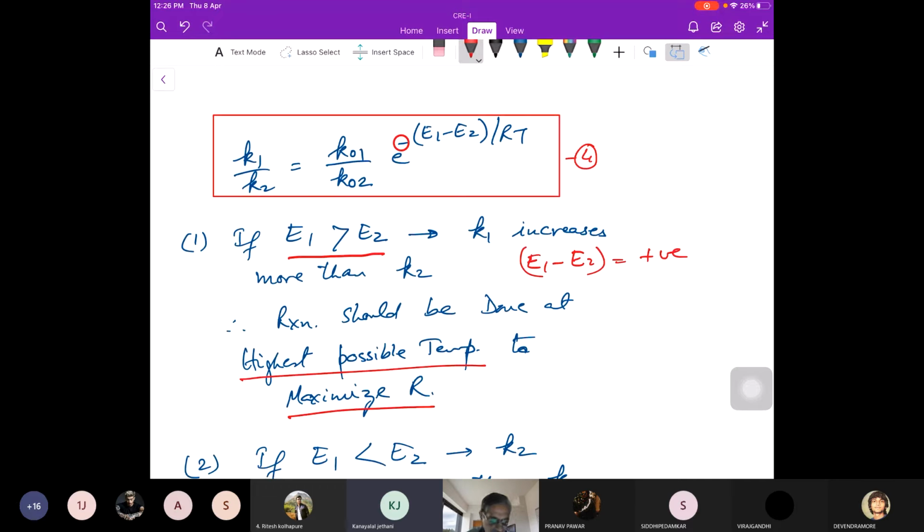Then K1 increases more than K2. जितना एक्टिवेशन ज़्यादा रहेगा उतना ज़्यादा इफेक्ट होता है टेम्परेचर पे. हमने देखा था I think यूनिट 2 में, right? So the reaction should be done at highest possible temperature to maximize R. Limitations रहता है कि material of construction वगैरह का, तो you should use maximum temperature as far as possible to get more of R.